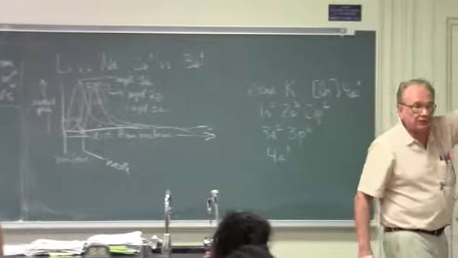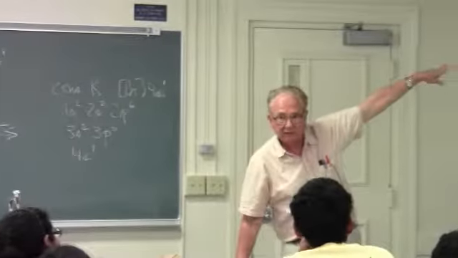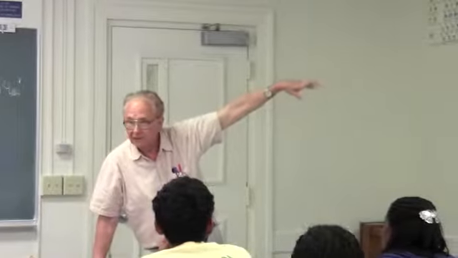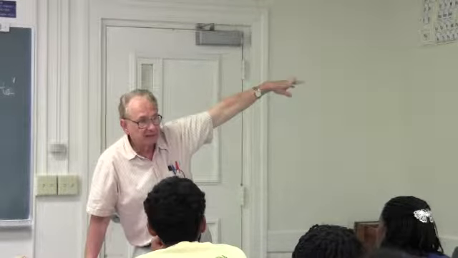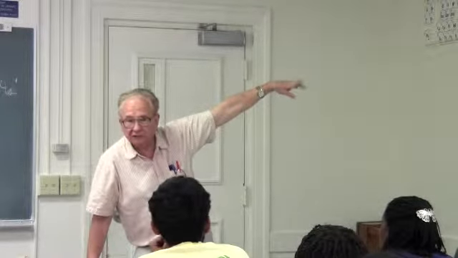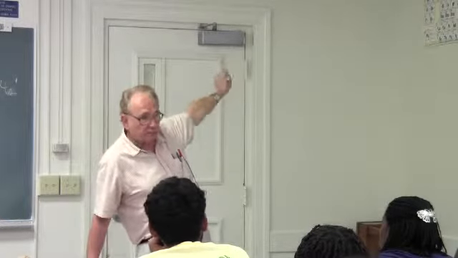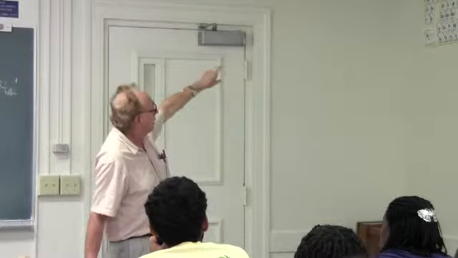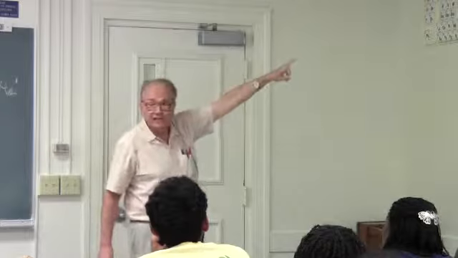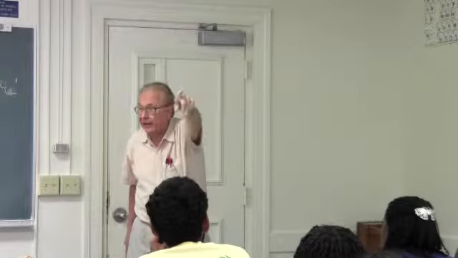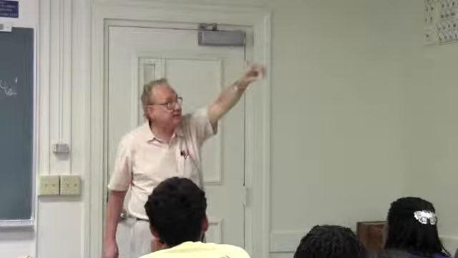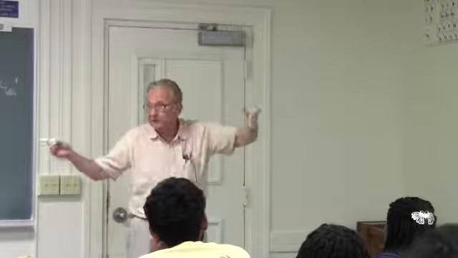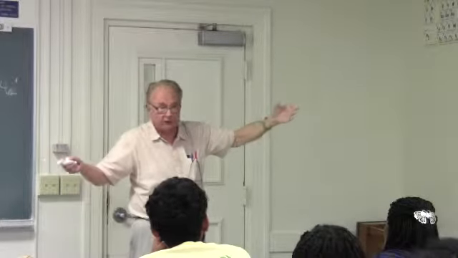As we go left to right across the period, what do you see size trend-wise? Atoms get progressively smaller, but not substantially or significantly so in most cases as you go from atom to next atom. Okay? But if I look at lithium versus neon, now I've moved through 8 atoms, and by the time I go from lithium to neon, there's a big difference in size. Neon's a lot smaller than lithium.